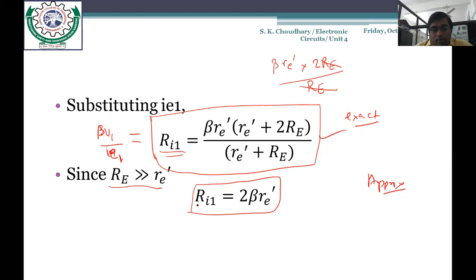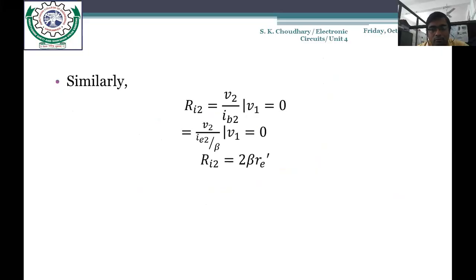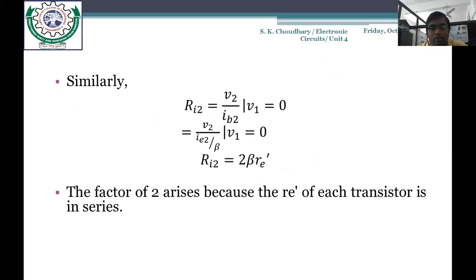Okay. Similarly, we can calculate the other end input resistance, but we have already assumed both the transistors are matched, so both would have a similar value. So you can see here for Ri2, in a similar pattern we have found the value of the resistance, that again came as twice of beta Re dash.